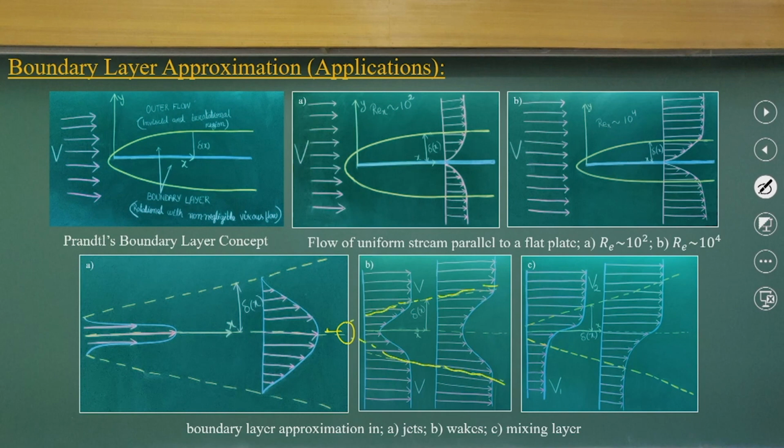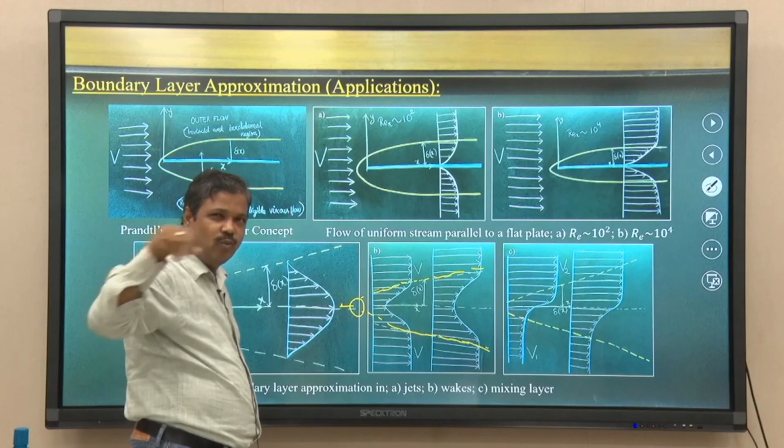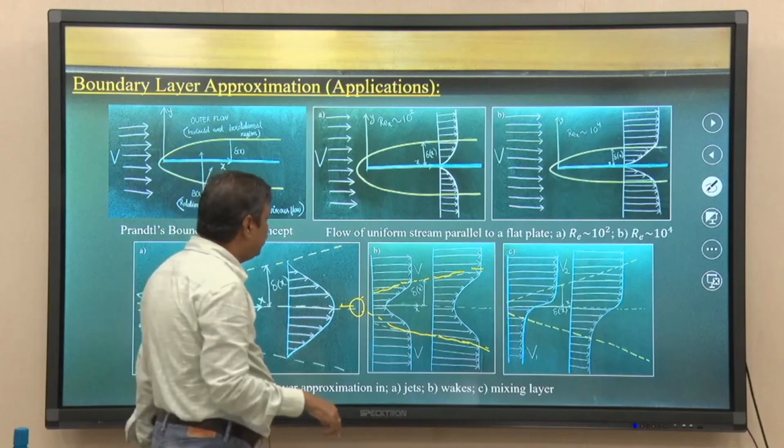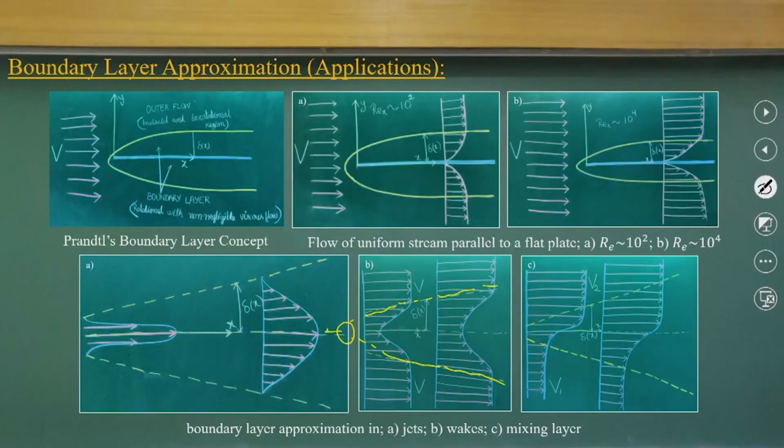You can see that when any ship is moving, from the top you can see the wake formation. This wake can also be considered as having the velocity and the 99% velocity points as constants, then the velocity distributions like this. So this can also be considered with the boundary layer concept to solve how the wake grows.